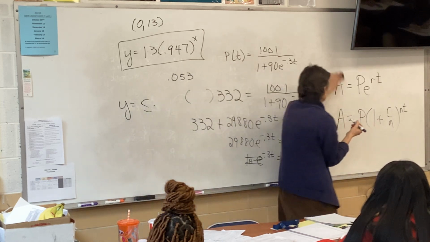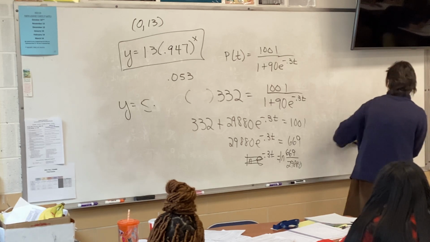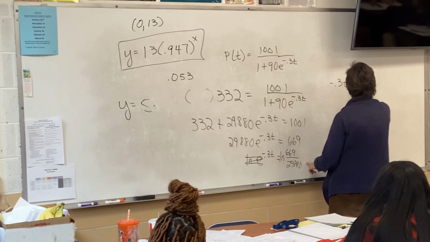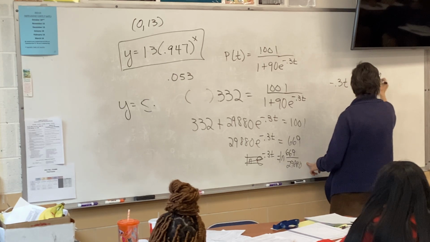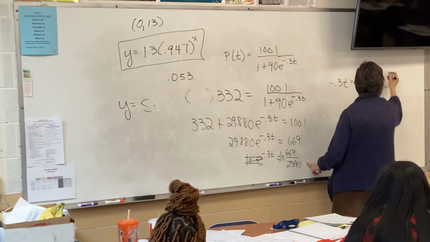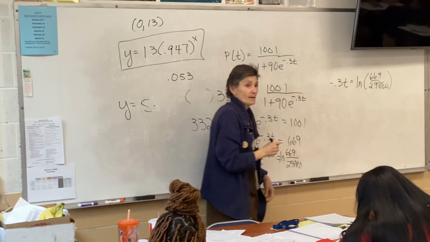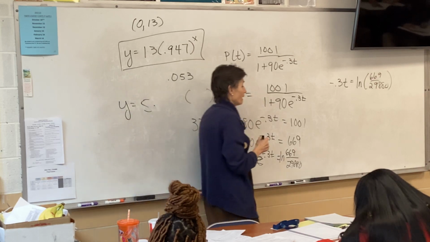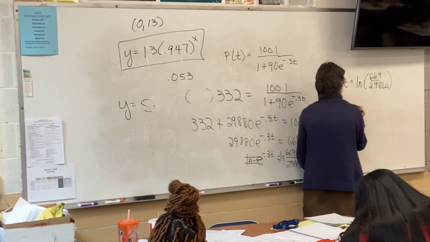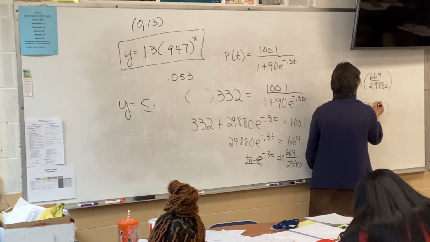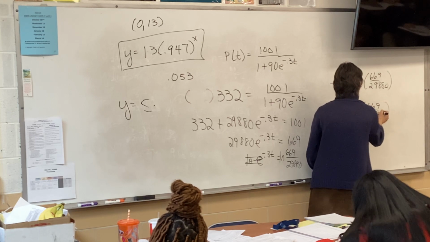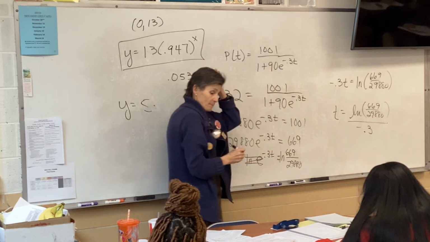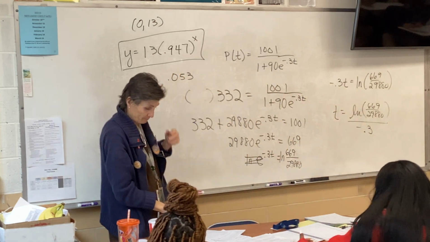So negative 0.3t equals ln this big fraction. And then how do we get our answer? Divide by negative 0.3. So t equals ln this thing over negative 0.3.